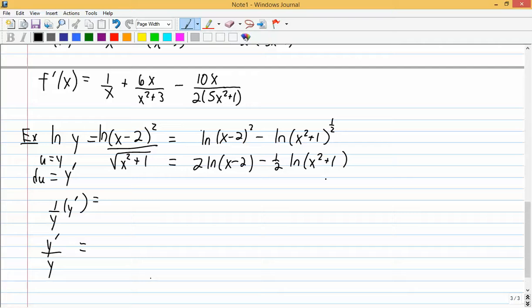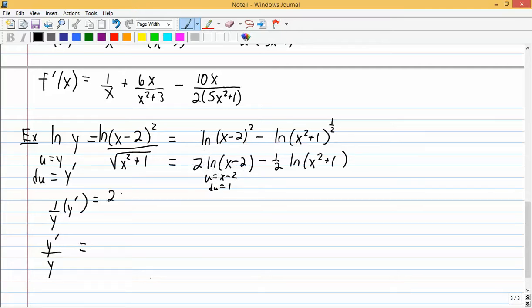Alright, so how about I start taking derivatives here now on the right side. So for this first expression, my u is x minus 2. So my du is 1. So 1 over u du, and there's a 2 in front.